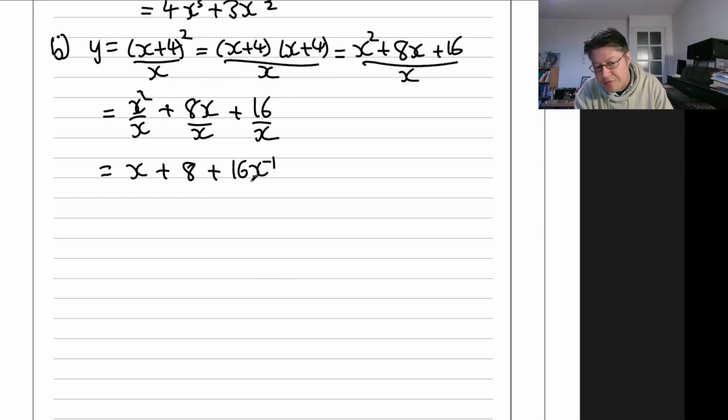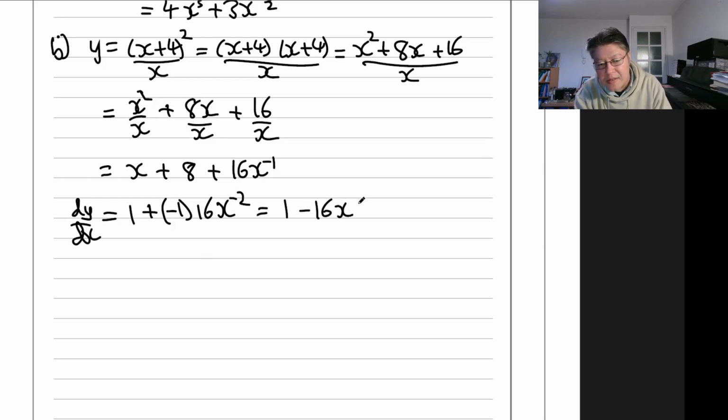And now we're ready for differentiation. So dy dx equals 1, and it's plus, the minus 1 comes down and multiplies to 16x, and we minus 1 off the power, and we can simplify this to 1 minus 16x to the minus 2.